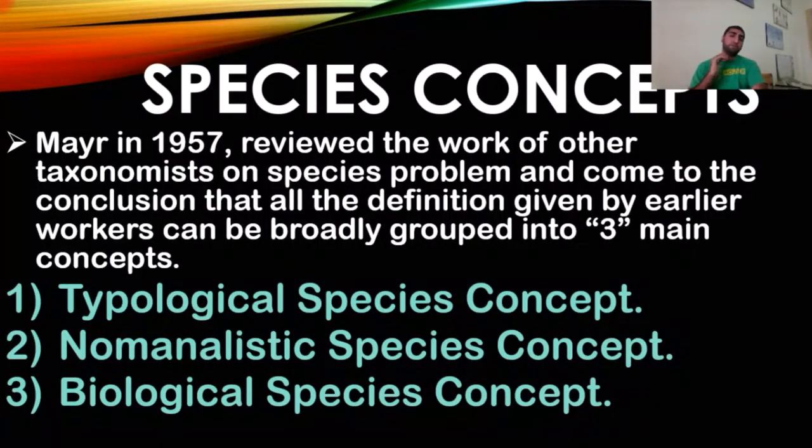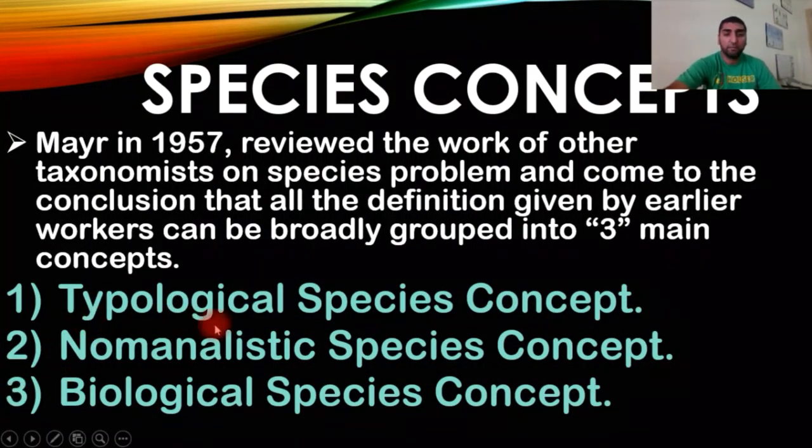Now, species concepts, various species concepts. Mayr in 1957 reviewed the work of all the taxonomists on the species problem, and he came to the conclusion that all the definitions given by earlier workers can be broadly grouped into three basic concepts. Number one, the typological species concept, the nominalistic species concept, and the biological species concept.